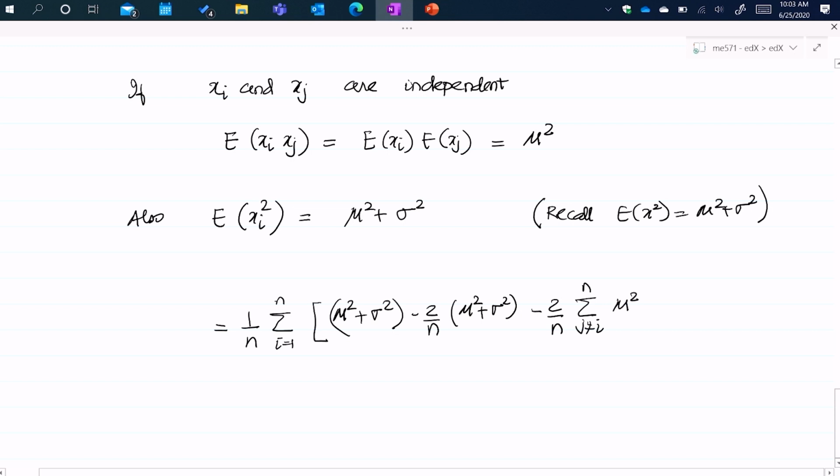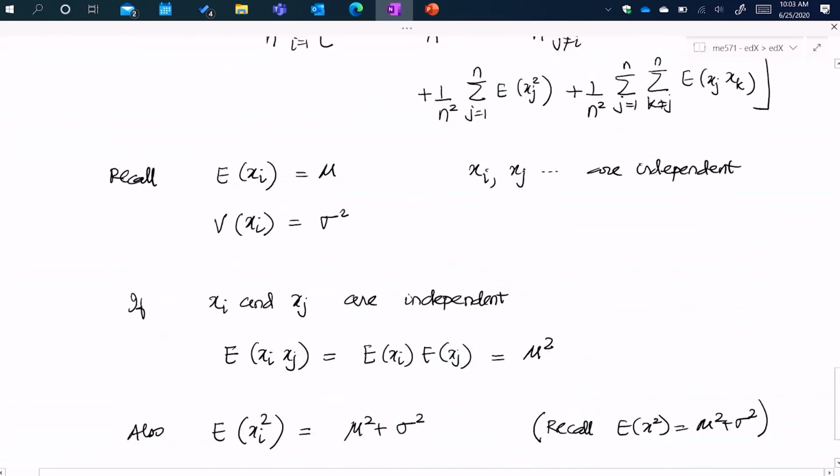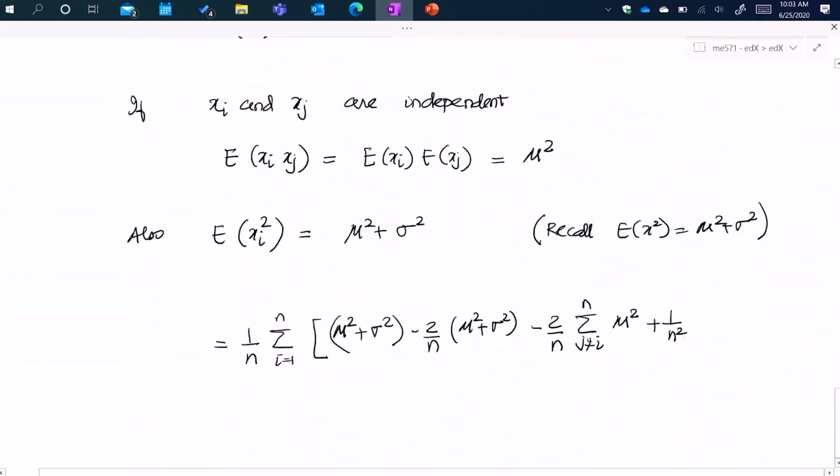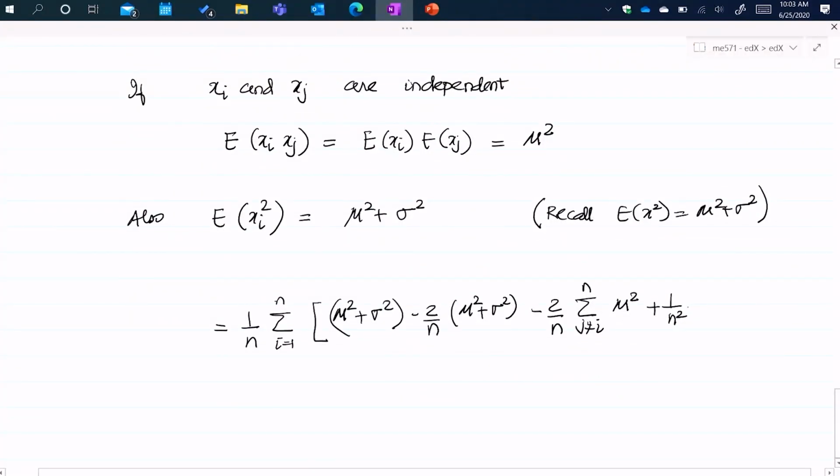And the next term is plus 1 over n squared summation j going from 1 to n of the expected value of xj squared, which is again mu squared plus sigma squared.